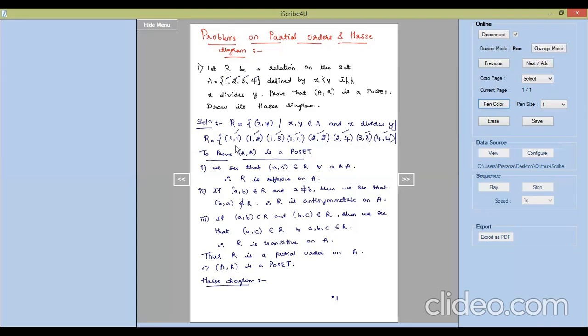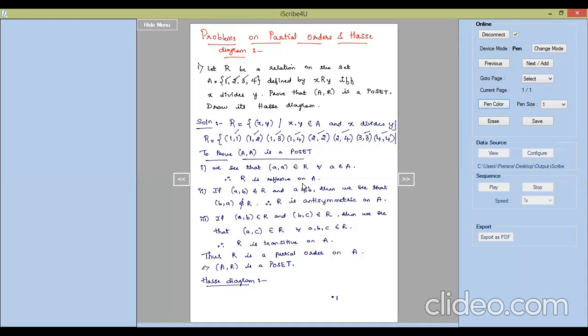The first ordered pair is 1, 1. So 1, 1 represents a loop. Means you have to draw an edge from 1 to 1, a loop actually. But according to the Hasse diagram conditions, a loop is obvious, because the relation R satisfies the partial order on A, it is always reflexive.